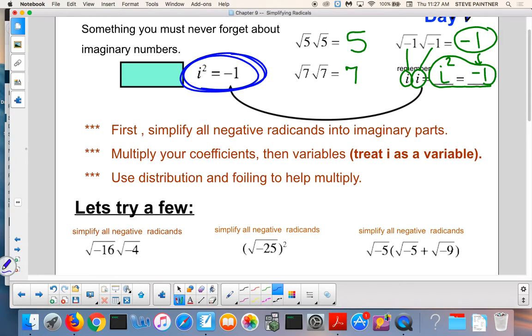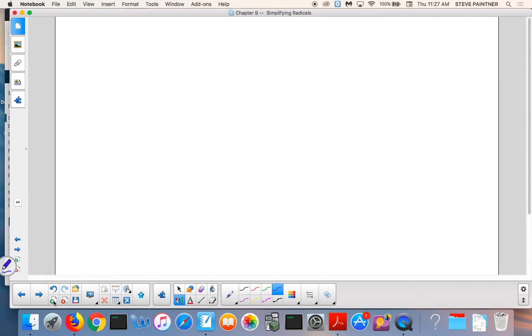Write it down once, twice, 3 times. Do not forget that, because if you forget that, you will get a ton of these wrong. Almost everyone will do that. So I squared is what? That means if you end up with 7i squared, you won't leave your answer 7i squared.